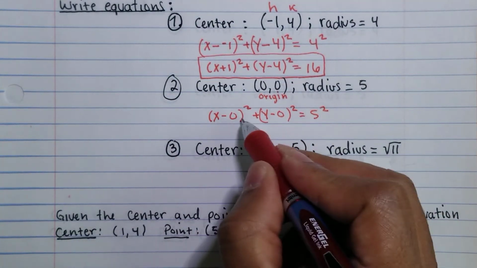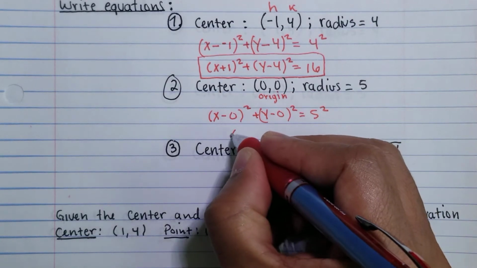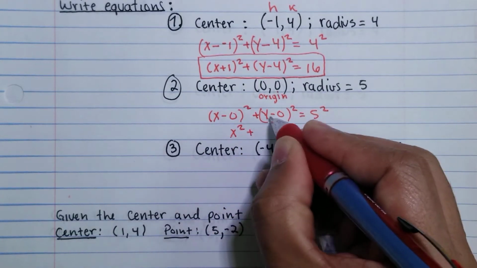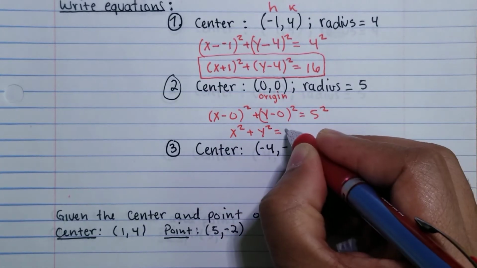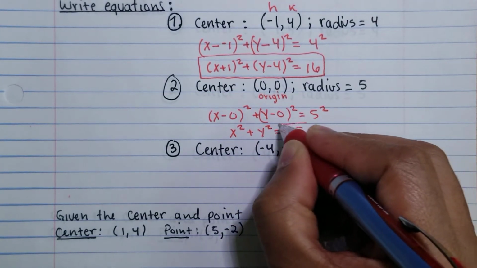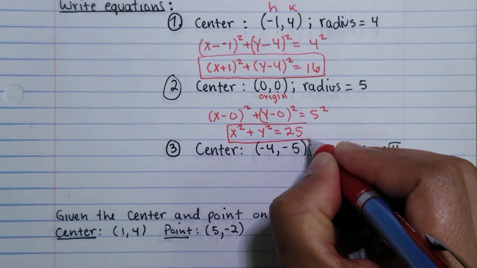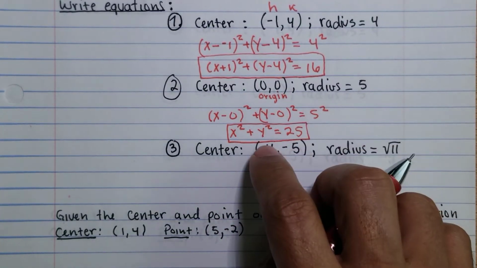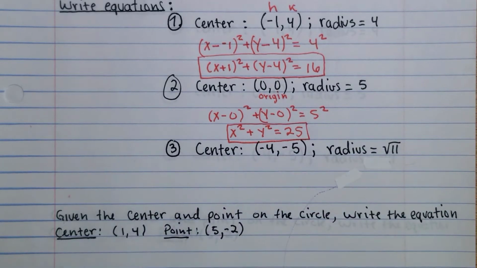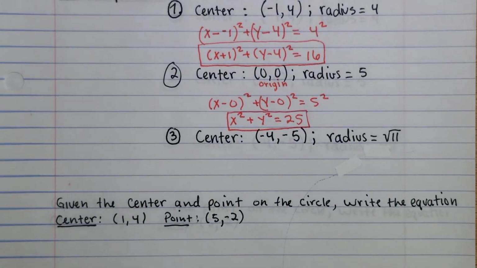But we know that x minus 0 is just x, so it's going to be x squared, and same thing here, y squared equals 5 squared, that's 25. So this is the standard form equation of a circle with the radius of 5 and the center at the origin.